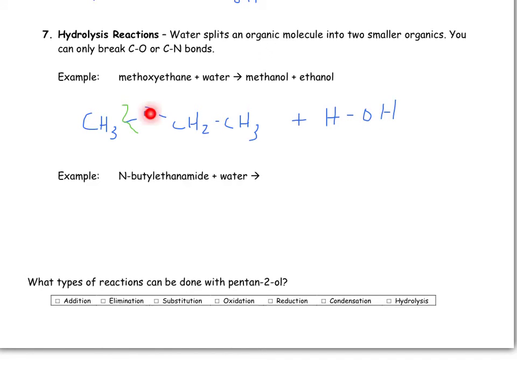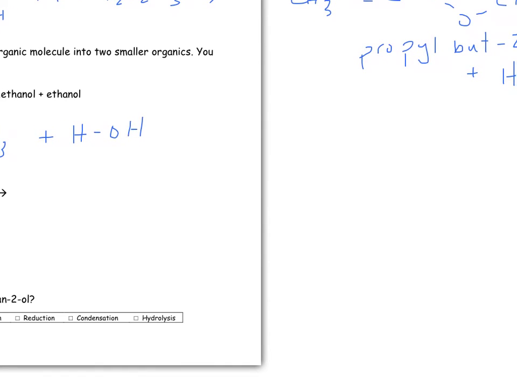The O that's missing a bond will then bond with the remaining H. This gives me methanol as my first product, and ethanol as my second.